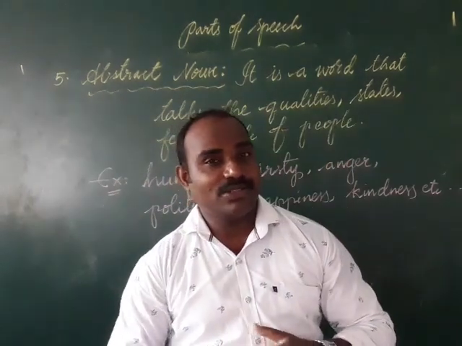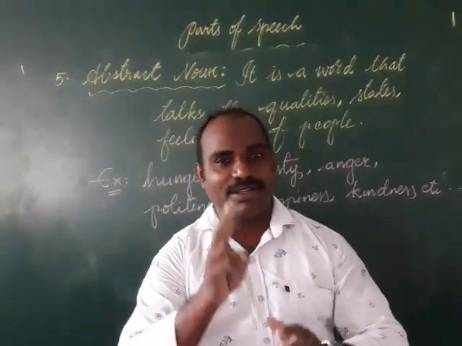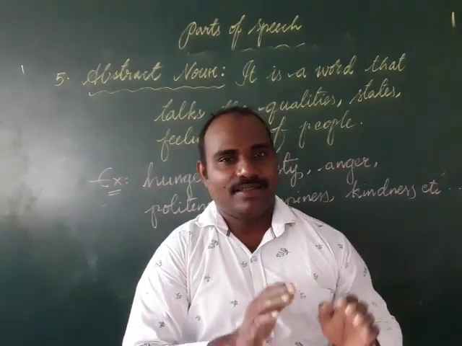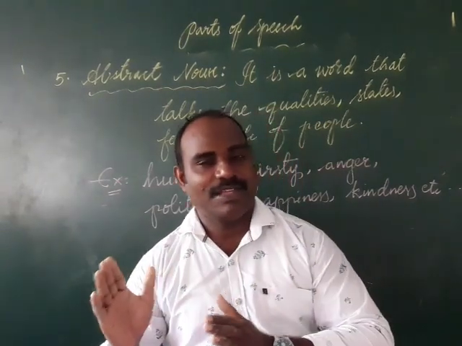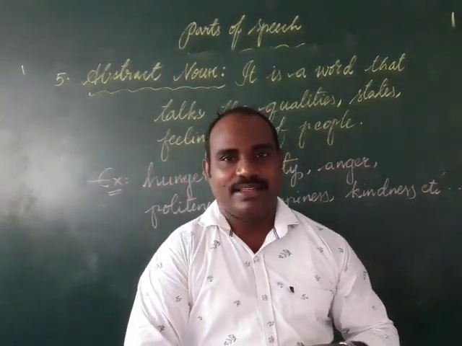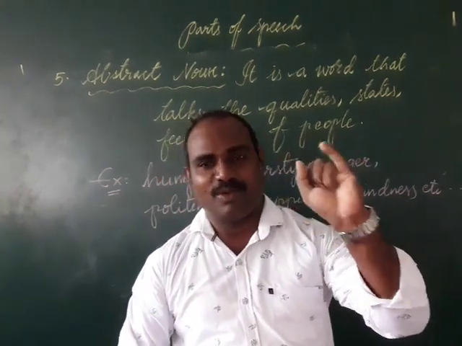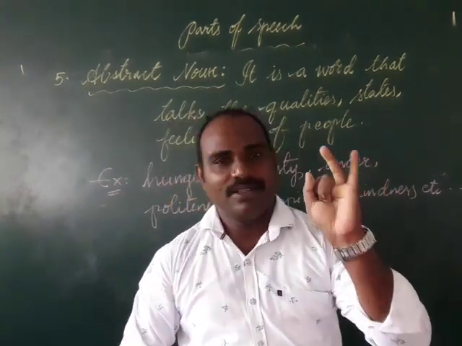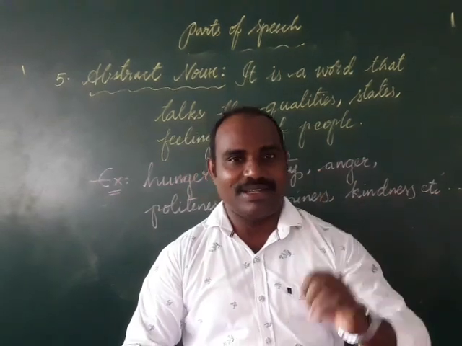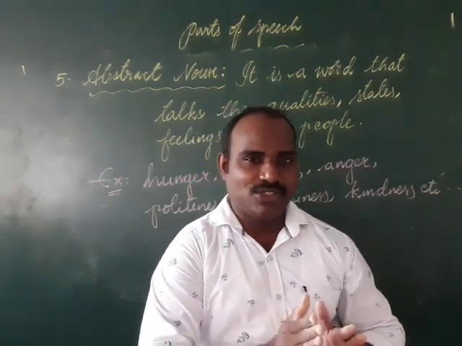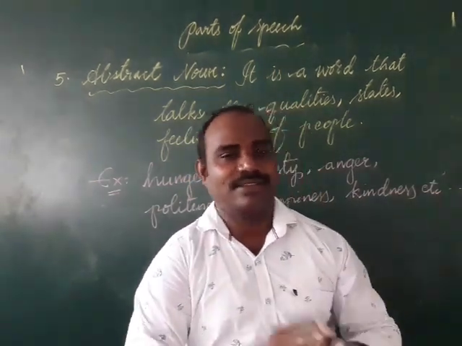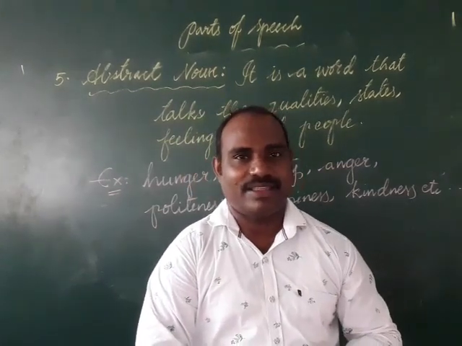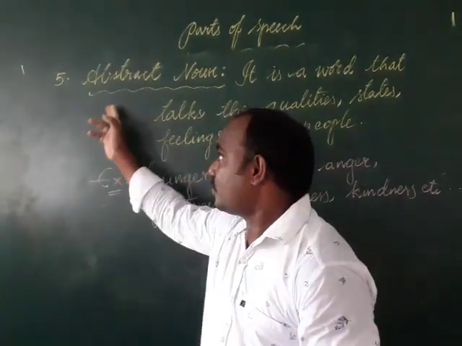So we can also say it in a different way. A noun can be of two types: concrete nouns and abstract nouns. The first four, what are they? Common noun, proper noun, collective noun, material noun. These can be merged and called concrete nouns. And the last one, abstract noun.